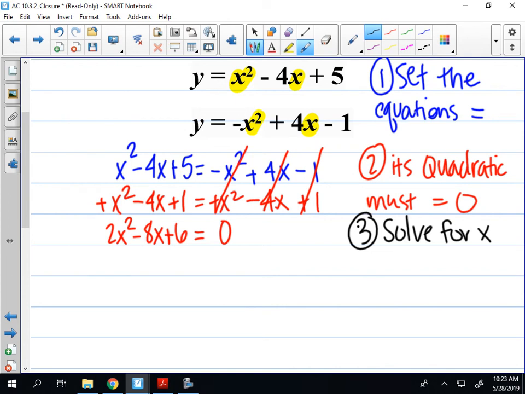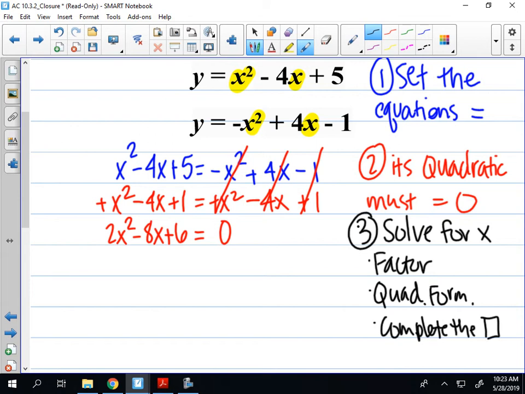Because it's a quadratic equation, I can do 3 things. I can factor and solve, I can use the quadratic formula, or I can complete the square. And my choice is going to be factoring. Why not? So factoring would look like this.